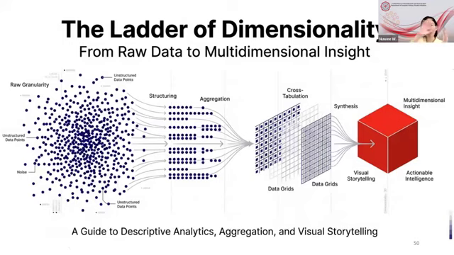We have raw granularity, which is the individual data points that are unstructured. We can structure it into aggregation, into flat tables. And from those flat tables, we can get cross-tabulation over your data as pivot tables. And furthermore, next time we can do synthesis, using visuals to tell more stories and get more actions from this.